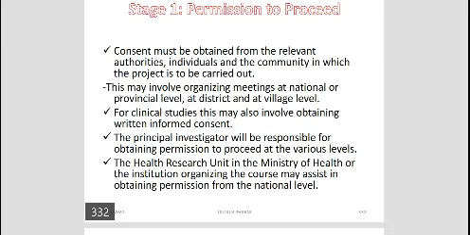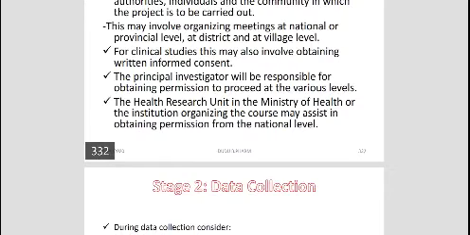For clinical studies, this may also involve obtaining written informed consent, a concept we discussed earlier. The principal investigator will be responsible for obtaining permission to proceed at the various levels. The Health Research Unit in the Ministry of Health or the institution organizing the course may assist in obtaining permission from the national level.